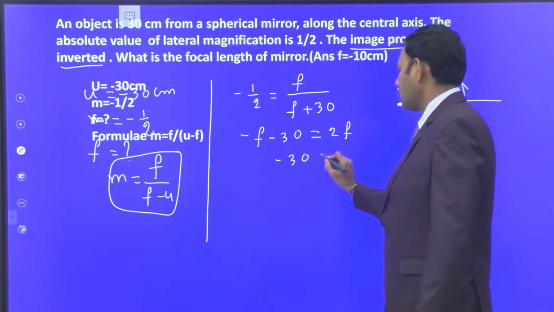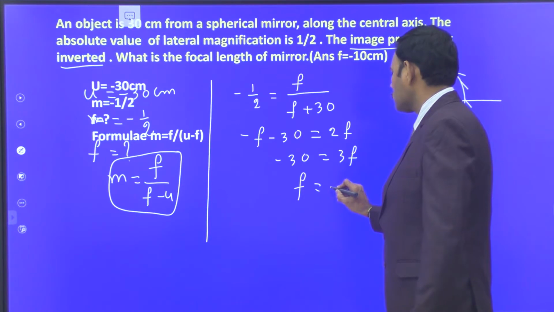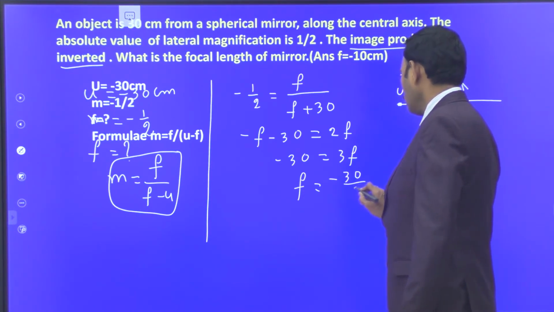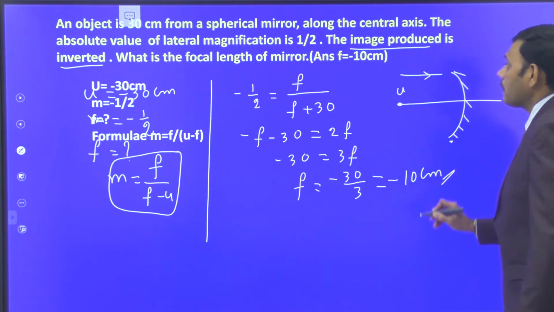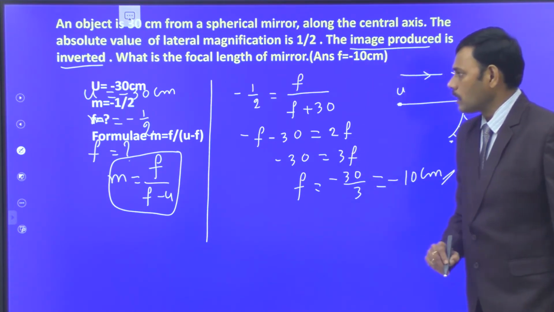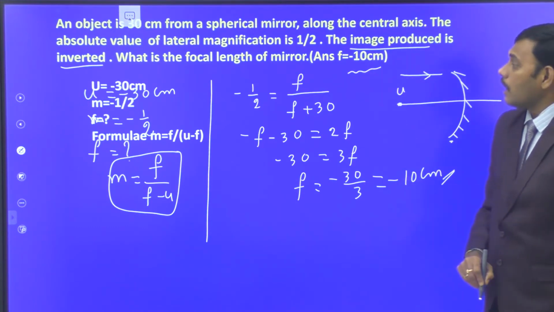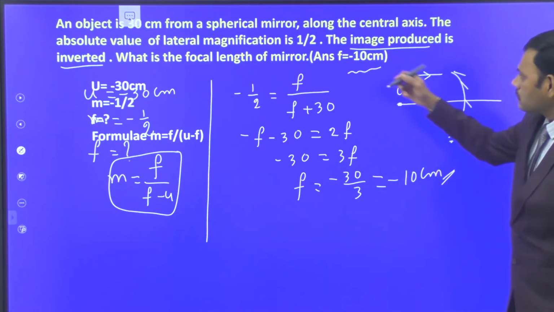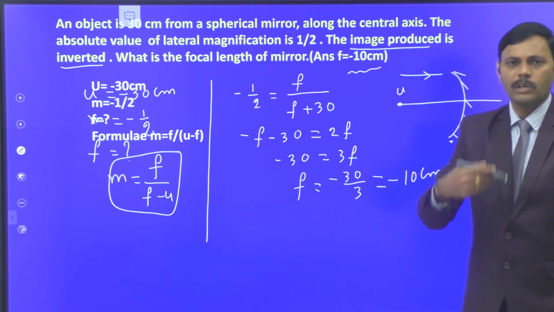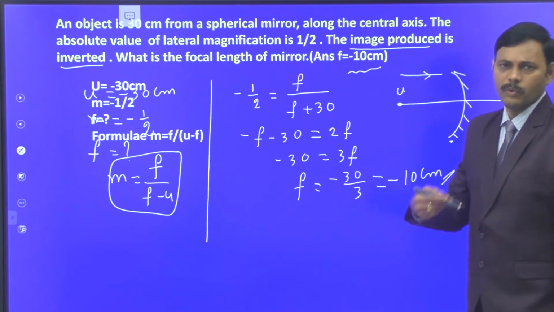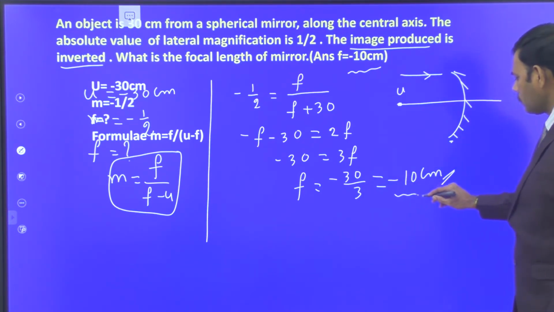So minus 30 is equal to 3f. On cross multiplying, we get f is equal to minus 30 divided by 3, that is equal to minus 10 centimeters. This is the focal length. Minus 10 centimeters is the focal length of the mirror. As we get minus, it must be a concave mirror. Already I said that because of the inverted image formed by the mirror, an inverted image is only possible by a concave mirror. So we conclude that the mirror is concave, and also from the focal length we conclude the same thing.